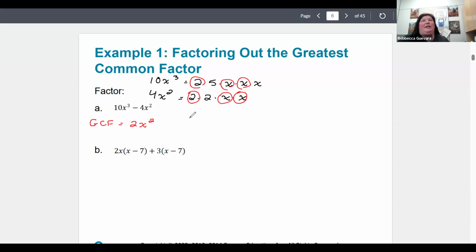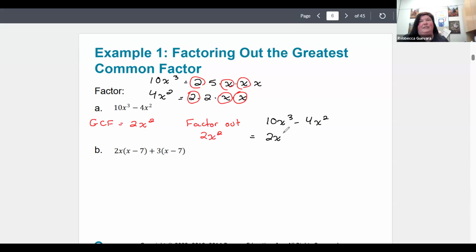When we say we're going to factor out that 2x squared because it's my largest factor, what that means is this. If I have 10x cubed minus 4x squared, well, both of these are going to be divisible by a 2x squared.